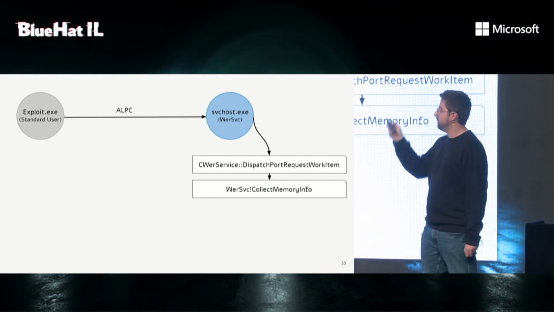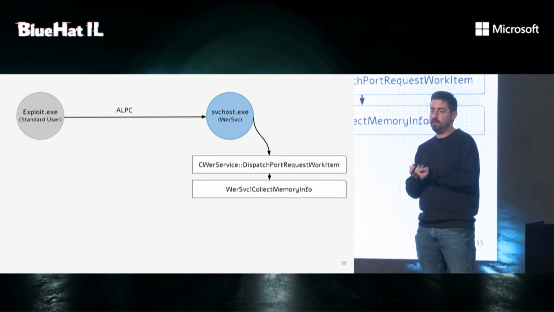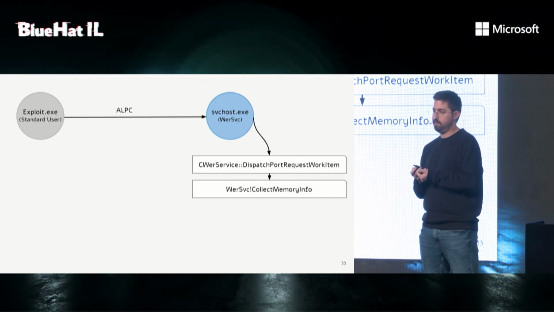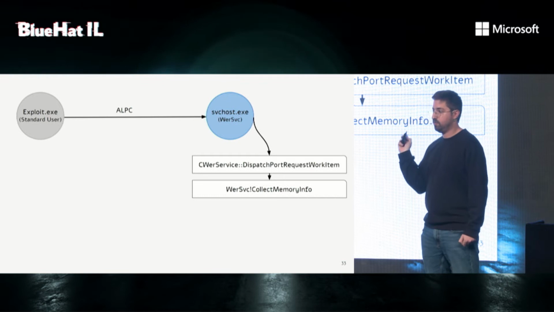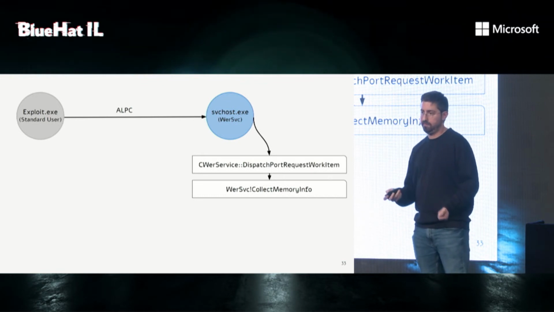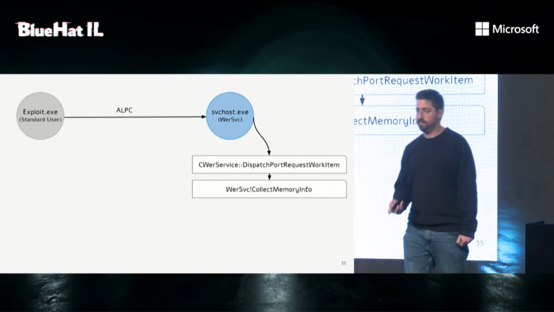But the problem is that WerFault, if it calls that API, might be running at a very low privilege level, and it won't be allowed to query the data regarding processes that run as local system. So this is why WerSvc actually exposes that API, so it would do that as local system for WerFault.